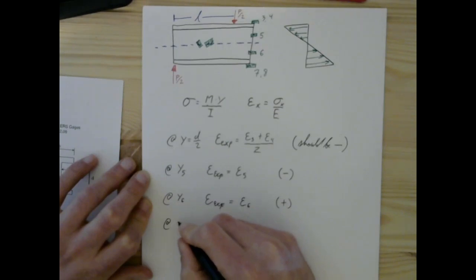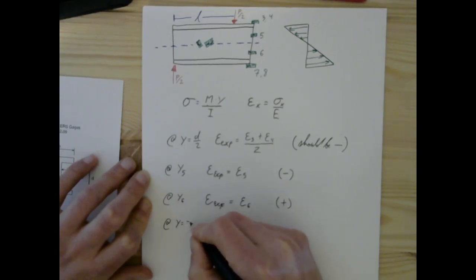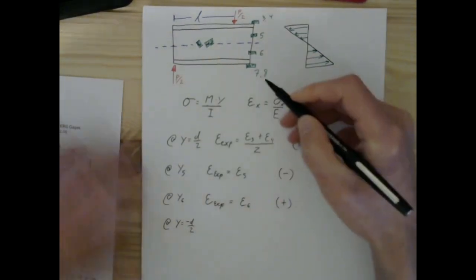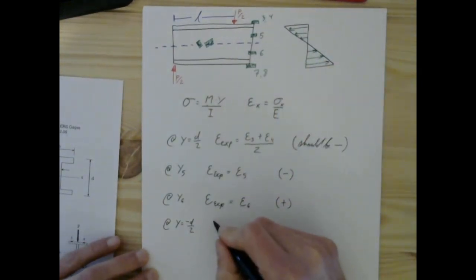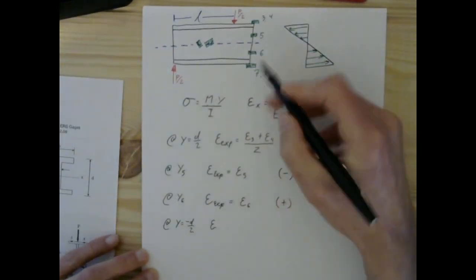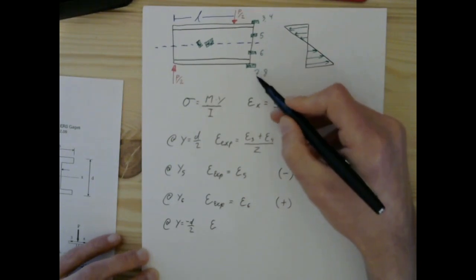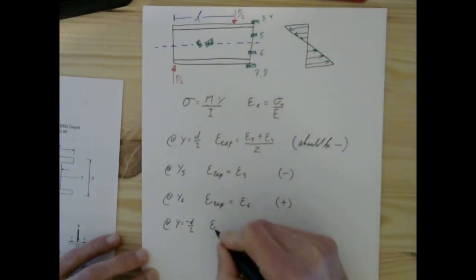Finally, at y equals negative d over 2, which is to say at 7 and 8, we're going to use the average of strain outputs 7 and 8.